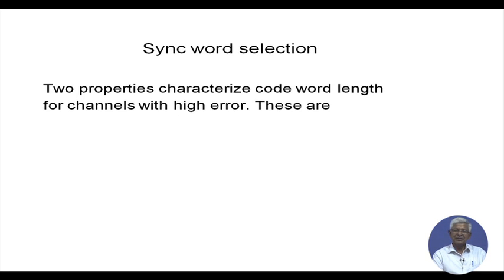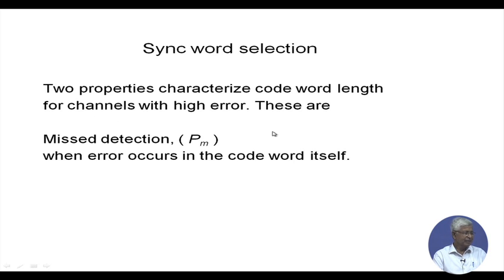But let us concentrate a little more on this synchronization word, which is common to telemetry frames as well as telecommand frames. Now, in this synchronization word, two properties characterize the code word length for a channel with high error. These are the missed detection probability, PM, when errors occur in the code word itself, that is, detection is missed because the sync word has certain errors.